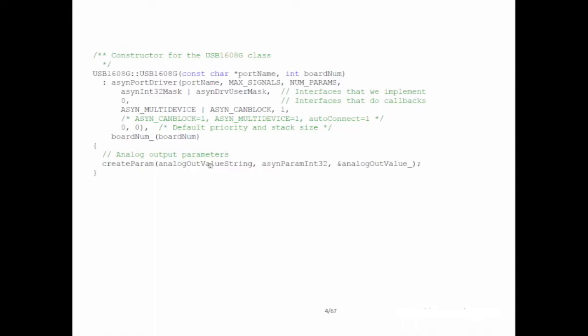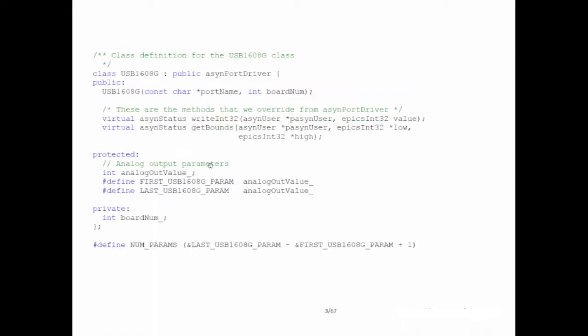Analog output. So now we're basically creating one parameter. We're calling AsynPortDriver createParam. We say analogOutputString, that's the string we defined. It's an int32 parameter, and we pass it the address of that public or protected integer right here.